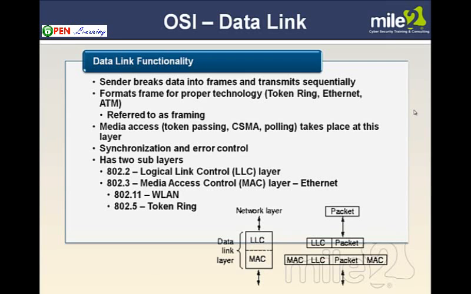Then when you move down to the data link layer, Layer 2, equipment-wise, I think of a switch, like a Cisco switch, for example. And they say the sender breaks down data into frames and transmits sequentially. Technologies you could think of here would be, we used to have token ring. Ethernet's quite common now, as well as ATM.